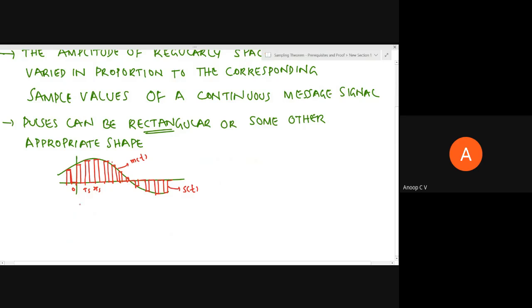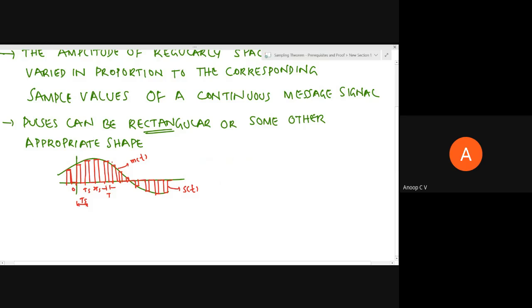The separation between the rising edges of two adjacent pulses will be Ts, and the width of each pulse we are representing as T. So this is basically pulse amplitude modulation.